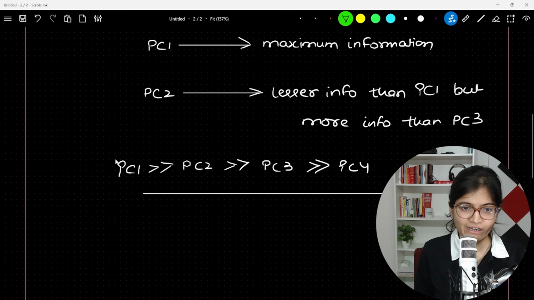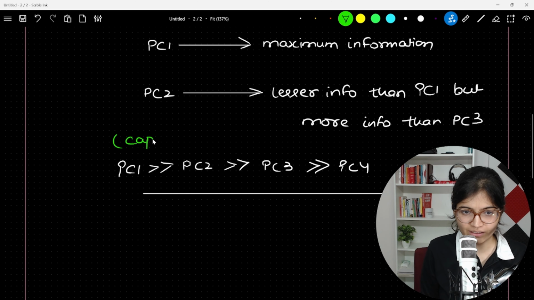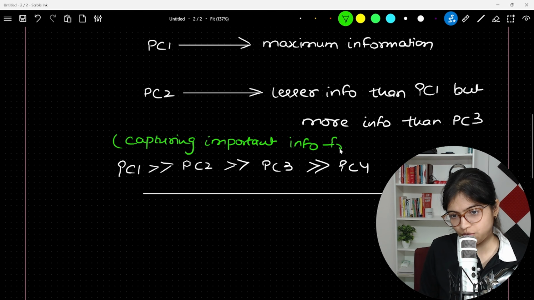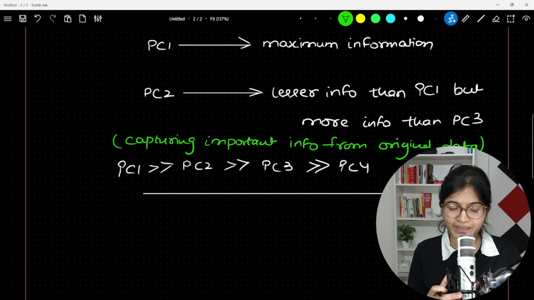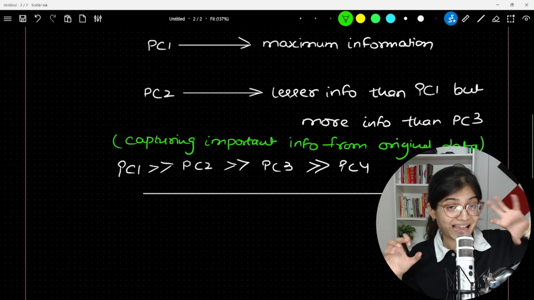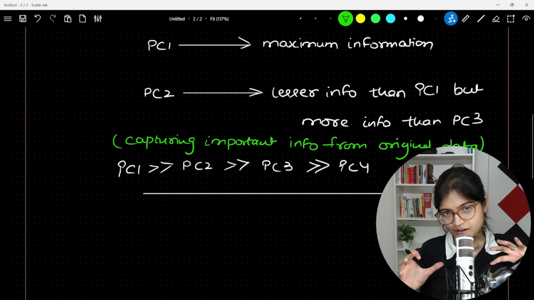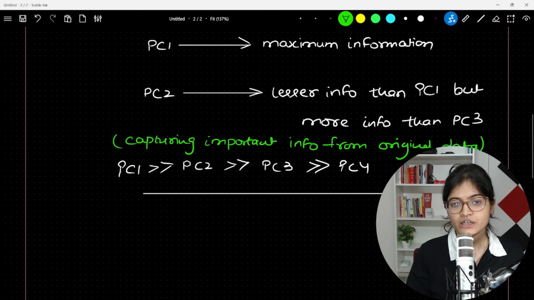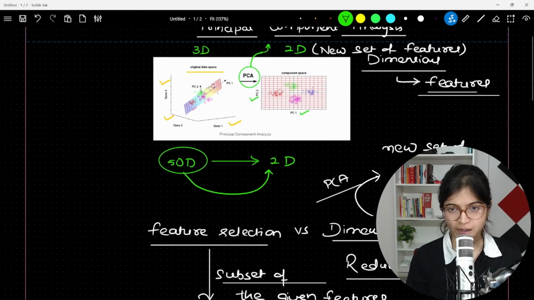So this is the trend in terms of capturing the important information from the original data. Always remember. So PC1 will have the maximum information, PC2 the second highest, PC3 the third highest, and so on. This is how the trend will be forming.